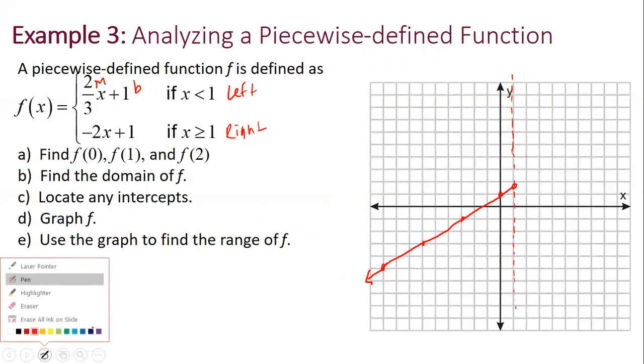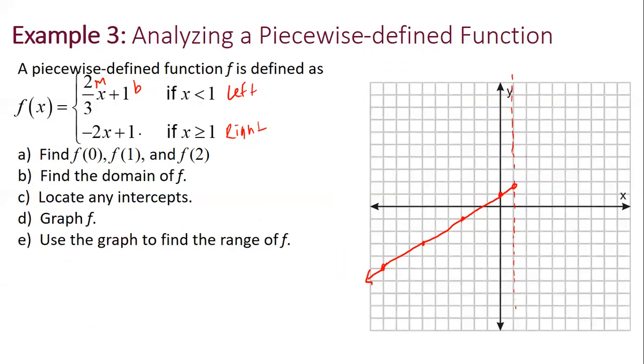The right side of my graph comes from the second equation. And this one, at 1, if I substitute in the value of 1, I get -2 plus 1, which is -1. So at 1, -1, it's a closed circle. Why is it a closed circle?